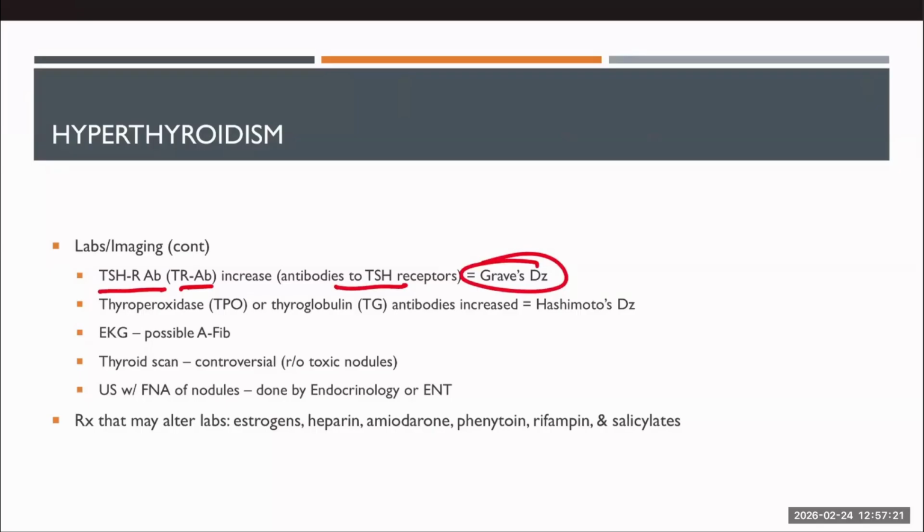So on your exam, if I say that their labs are positive for TSH-RAB or TRAB, it's hyperthyroidism, it's Graves' disease. If they have presence of thyroperoxidase, TPO, or thyroglobulin antibodies, that is going to be Hashimoto's disease.